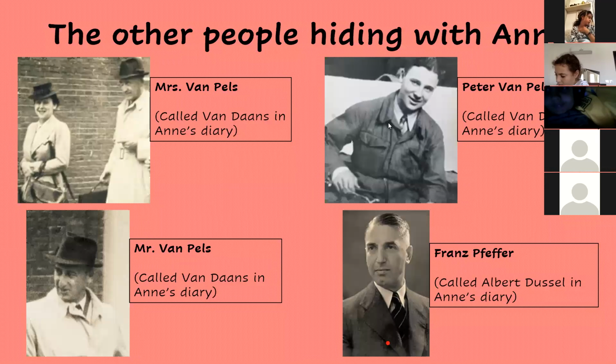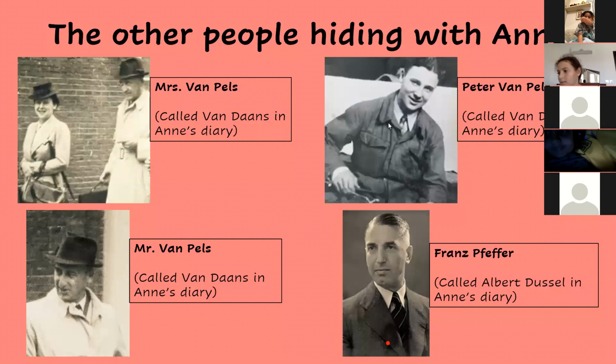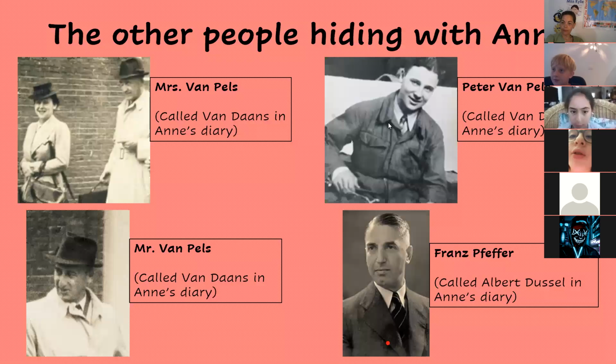Actually, that's what I was trying to say, that Anne Frank was calling Franz Pfeffer idiot. But actually, I asked Lucas in the chat, how do you say idiot in Dutch? And he told me it's nearly the same, just with two O's. Okay. Lucas, how do you say idiot in Dutch? Should I say how it is?